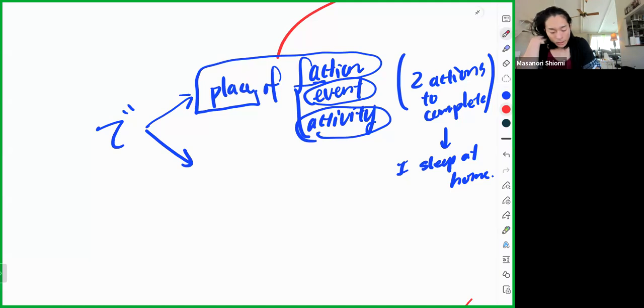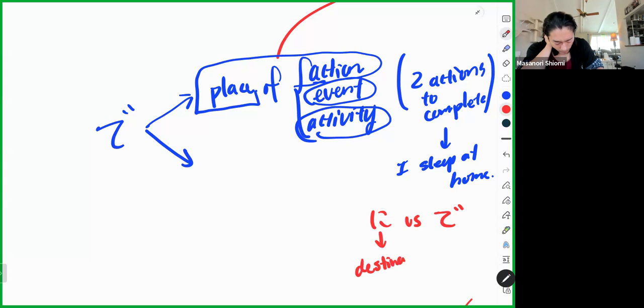Now, lots of people get confused between the particle ni and the particle de, right? Ni is destination. De, again, is place of action. It gets confusing because both are about place.